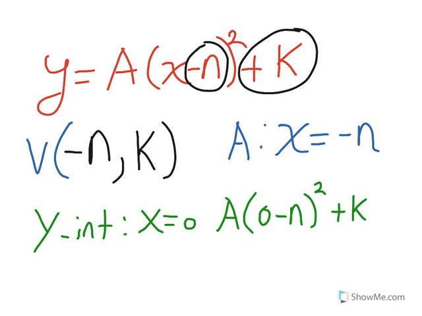To find my axis of symmetry, I'm going to do negative b over 2a. After I find it, I'm going to call it n. My vertex x value is going to be whatever n is. Say n is 5. That's my axis of symmetry.